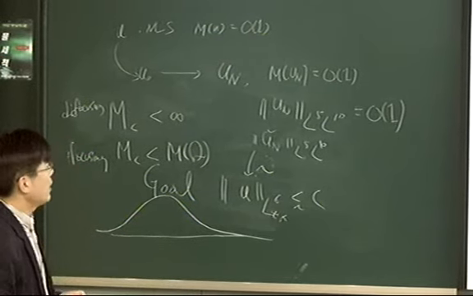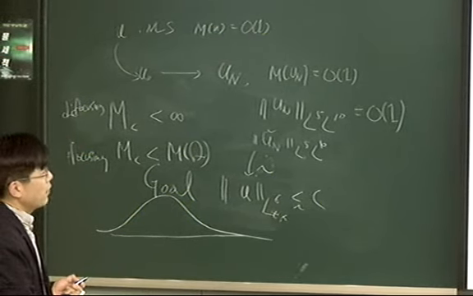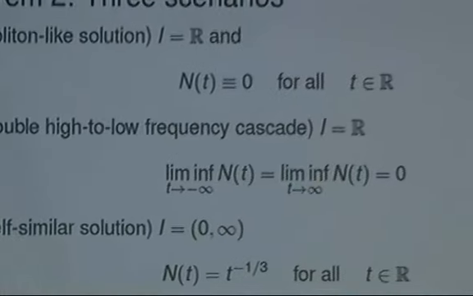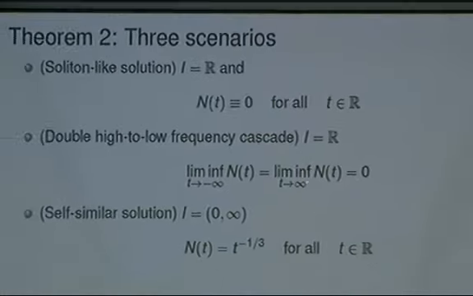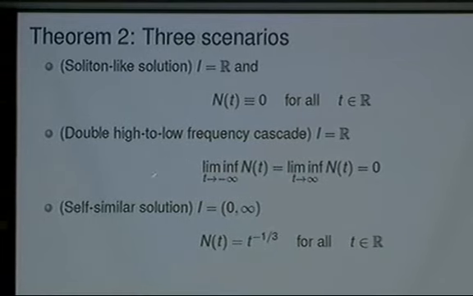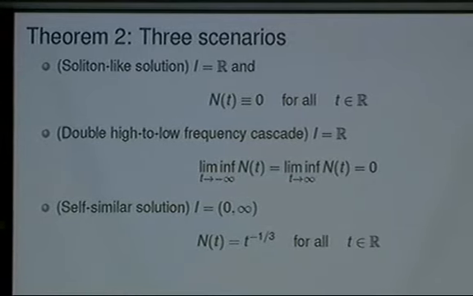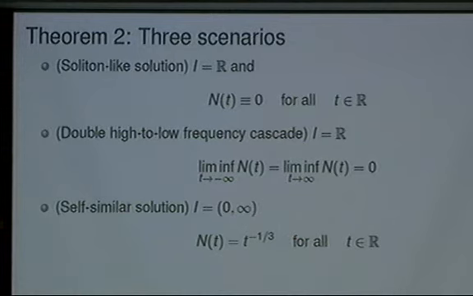So here, from negative infinity in time to positive infinity in time, such a frequency cascade happens twice. We're going to call this the double low-to-high frequency cascade. And the third scenario is a frequency scale of one over the cube root of t.